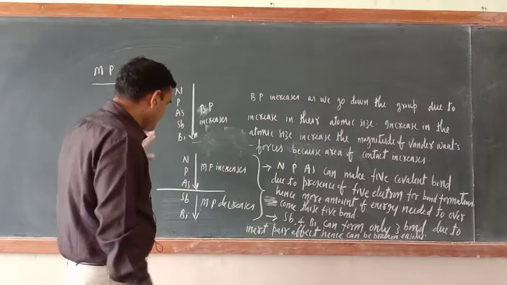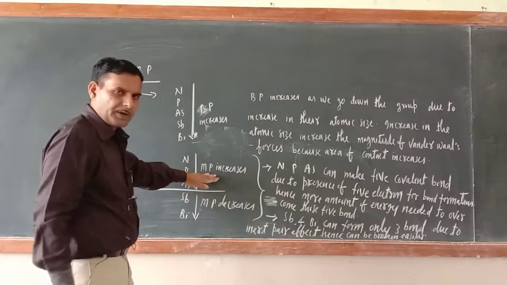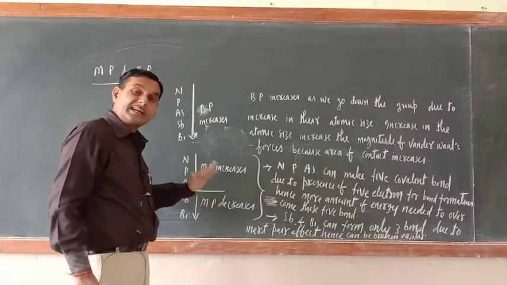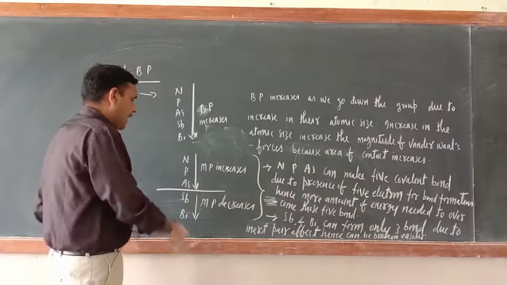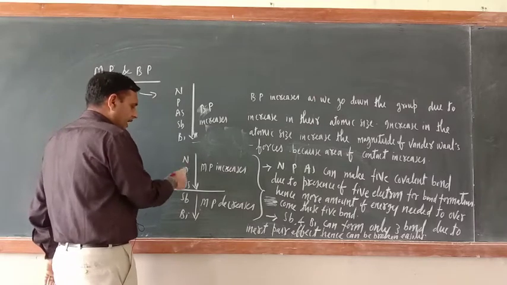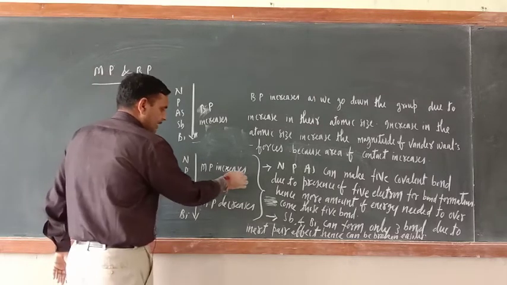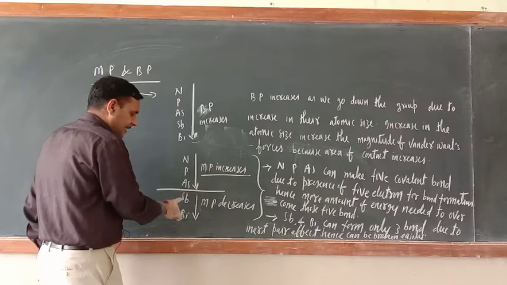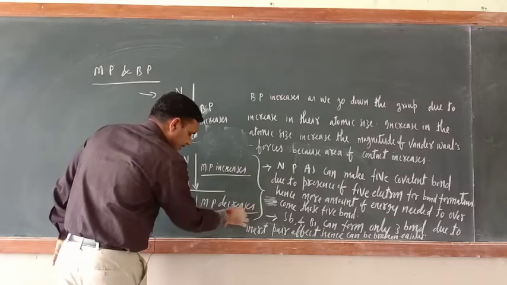Okay. What about melting point? There is no regular trend in melting point. As we move top to bottom, nitrogen to arsenic, melting point increases, but antimony to bismuth, it is decreasing.